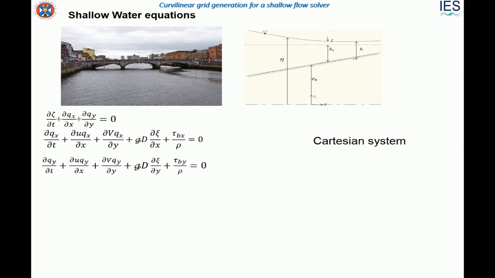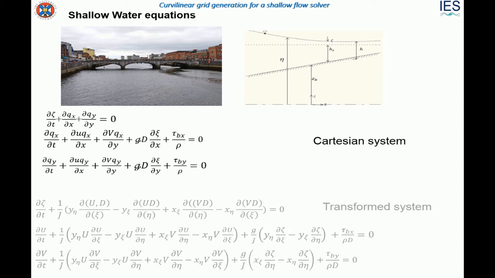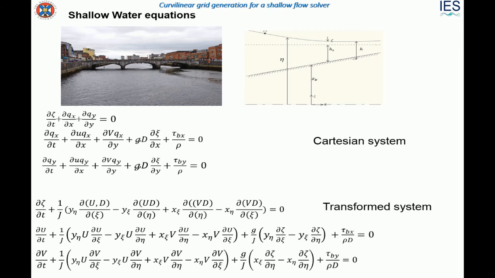Based on continuity equation, we can find the head of water in channel. Based on momentum equation in x and y direction, we can understand the velocity in channel in x and y direction. That was shallow water equation in Cartesian system. Because we should work with transform system, we should rewrite the equation for transform system by applying Jacobian transformation. So this is my hydrodynamic equation.